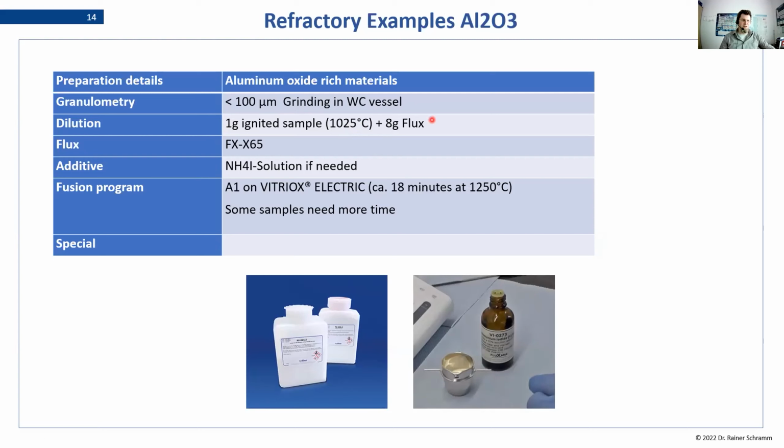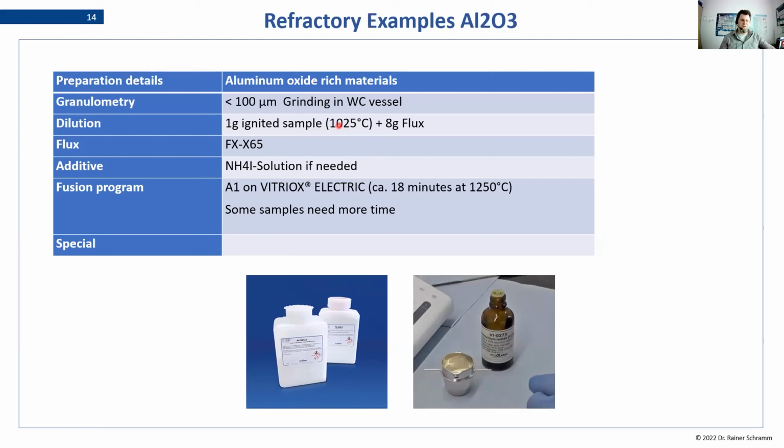I would even say half an hour should be enough, because refractories are already burnt material. There is not much in the way of LOI here, unless there is a carbide as part of the refractory, which is not covered here because then it gets really complicated. In this example, we just do the ignition until mass constant.